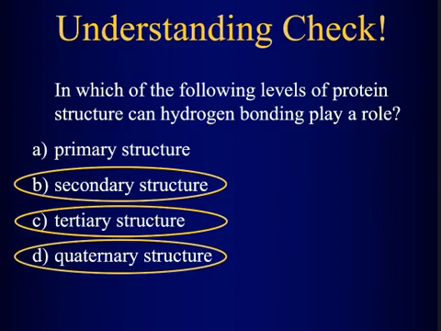Our primary structure, remember, is held together by covalent bonds, the amide bonds between amino acids from the C-terminus to the N-terminus. Everything else is held together by intermolecular forces.